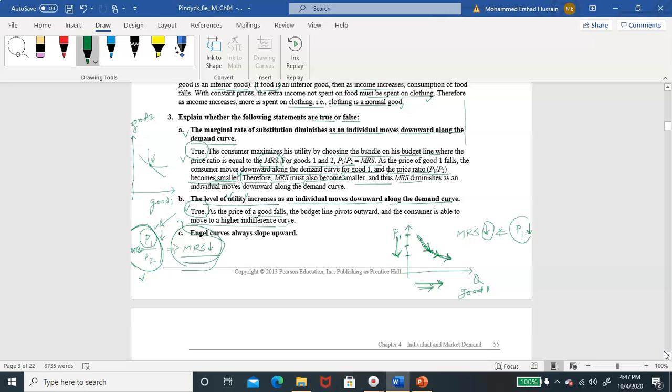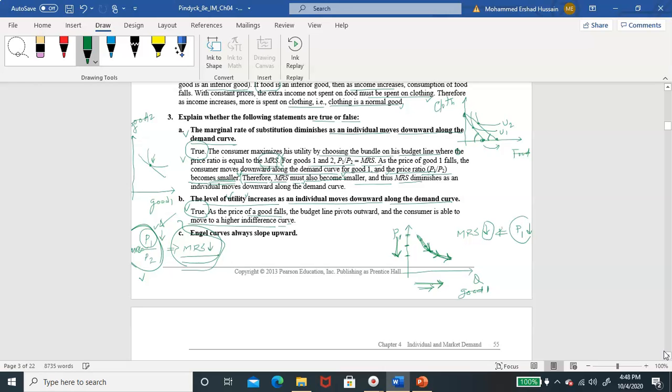Remember, if we go to that budget line graph, when price is higher, we are on the lower indifference curve. Suppose we are measuring food here, and this is cloth. When the price of food decreases, the slope decreases and the budget line rotates. We move to a new equilibrium, tangent to a new indifference curve, U1 and U2.